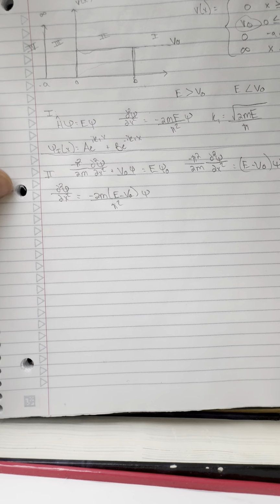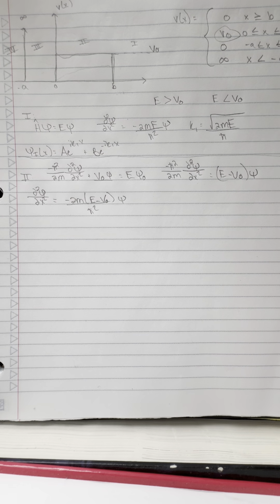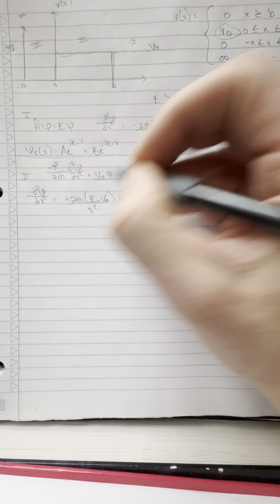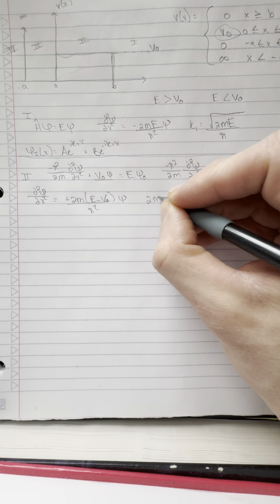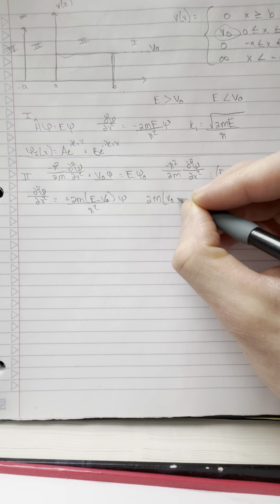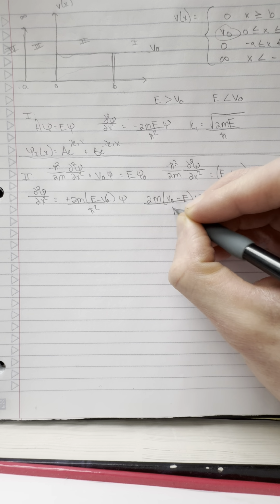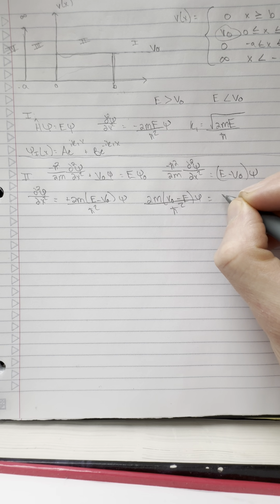Okay, hopefully you can see that. If we carry through this negative sign, I'll get 2m (V naught minus E) psi over h bar squared.